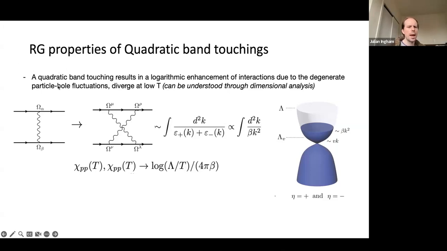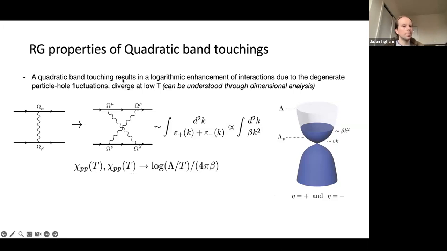And we have some internal lines here, and we evaluate this loop diagram, and we get something like this integral, where E plus and E minus are the energies of the upper and lower branch of the Dirac theory. Now, because the dispersion of our upper band and lower band are both quadratic in momentum, what we end up with is something that looks like this.